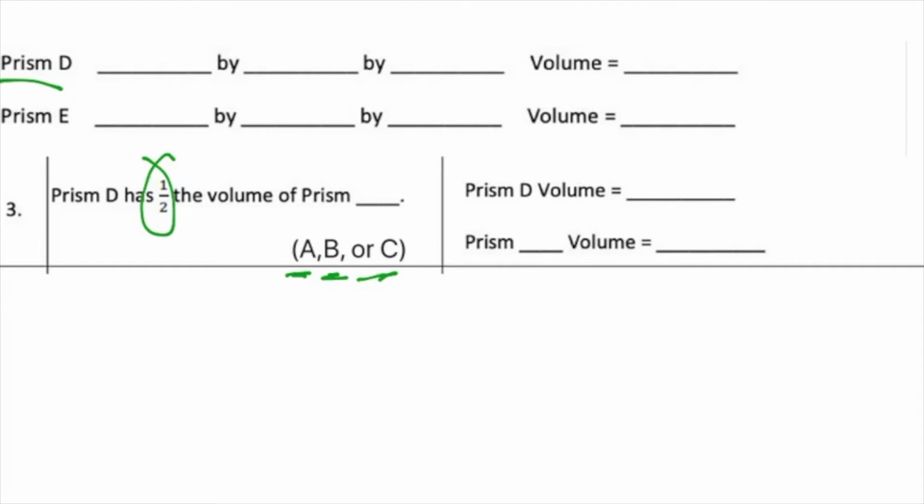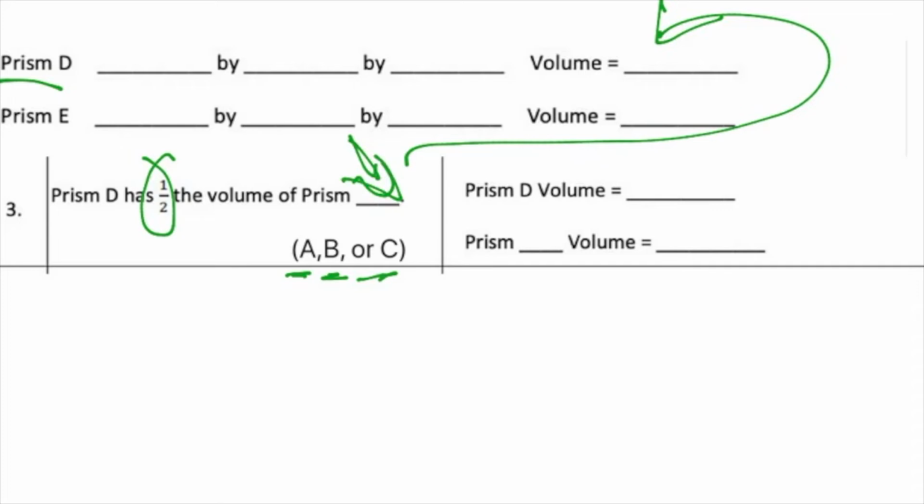When you divide it in half, that result is going to go on this line. Then it's also going to go in this line. That is your volume. You're going to put A, B, or C in this line. It has half the volume of prism A, B, or C. Calculate that volume, and that volume would go in this line right here.